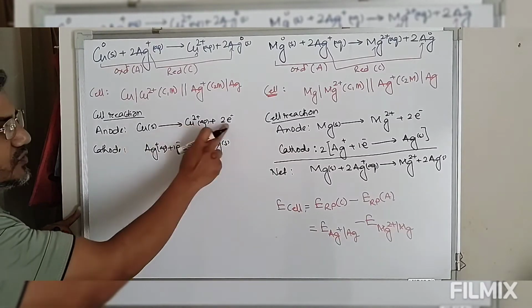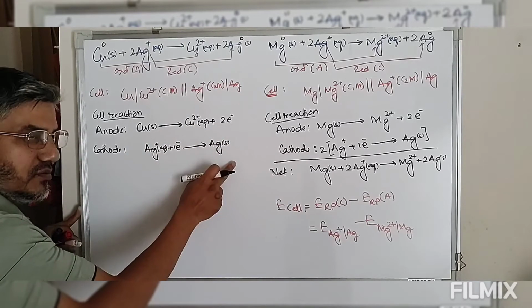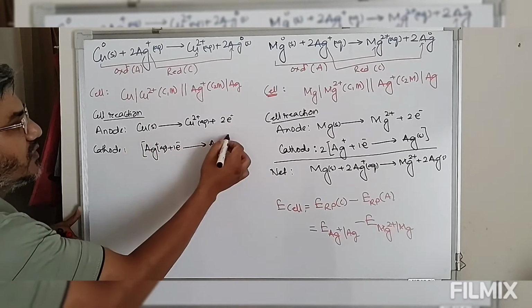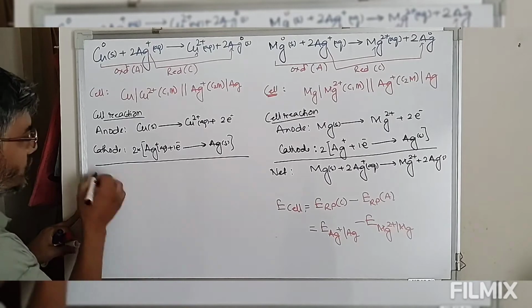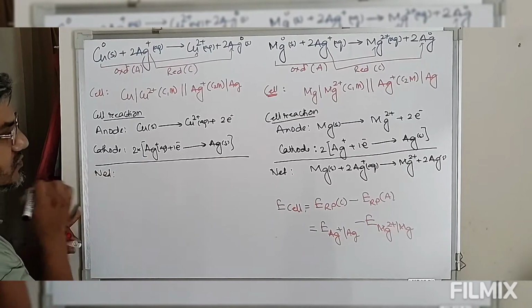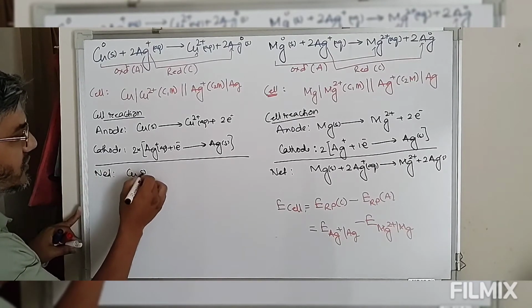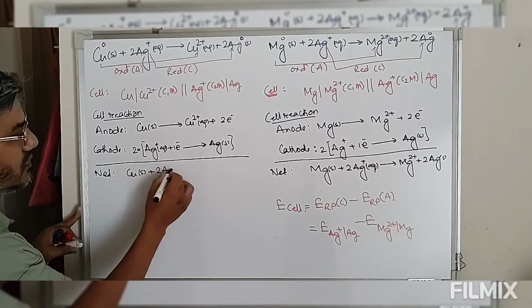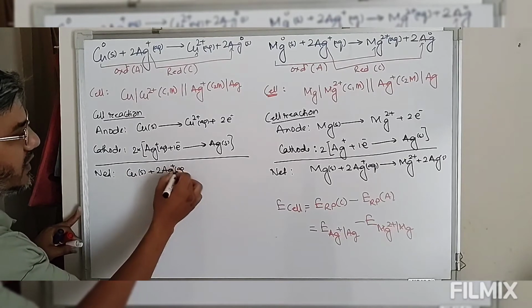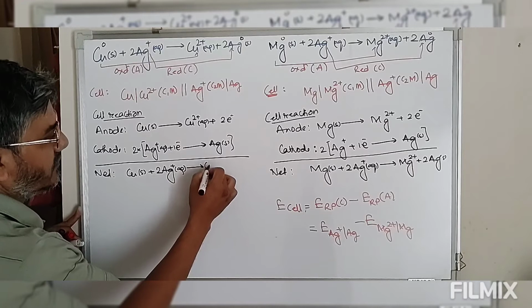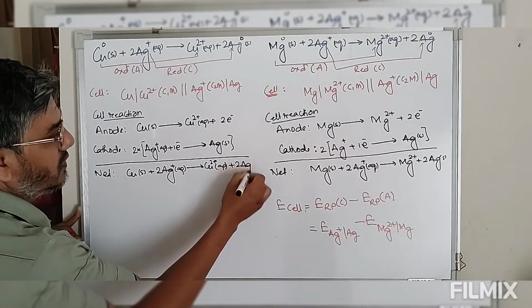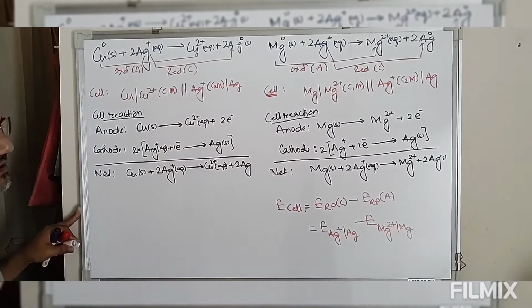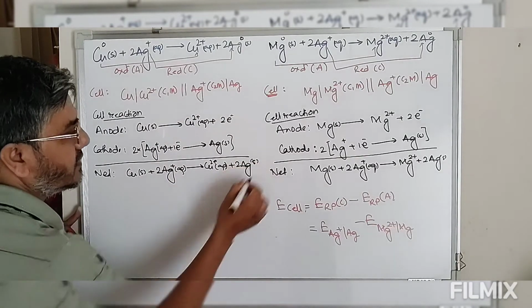Now oxidation involves 2 electrons, so reduction must also involve 2 electrons. So to make it 2, we have to multiply this by 2. So adding these two, we have this net cell reaction. So net reaction is copper solid plus 2 Ag plus gives you copper aqueous solution plus 2 Ag solid. So this is the net cell reaction.